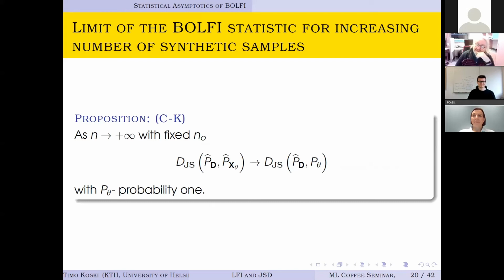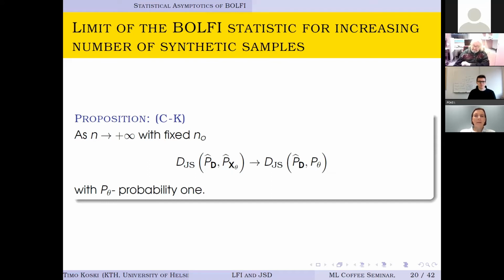So you cannot, but you can simulate. You can easily simulate. N goes to infinity, and then it turns out that there's a consistency property here, namely this thing converges to the Jensen-Shannon divergence between the observed empirical data and the implicit probability distribution induced by the simulator model, with simulator probability 1.